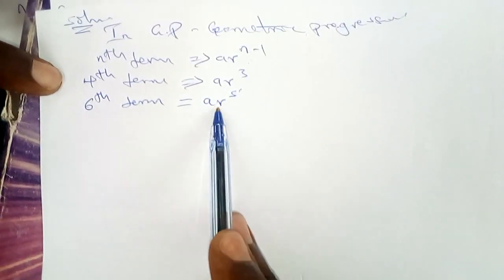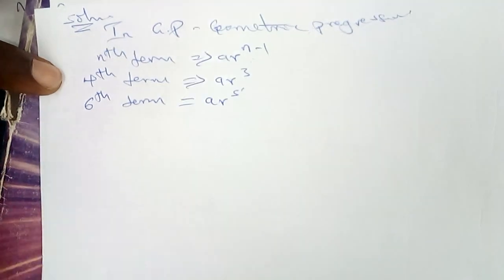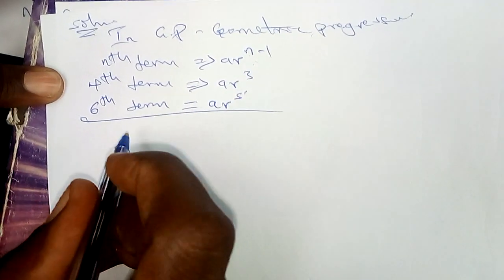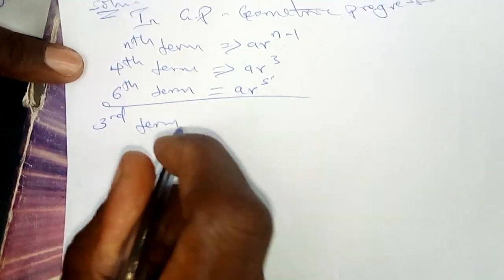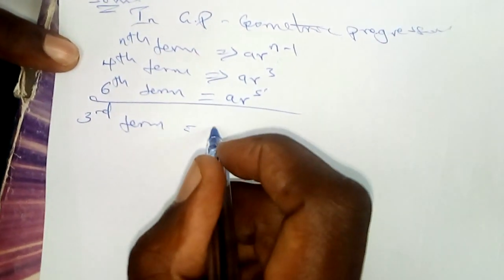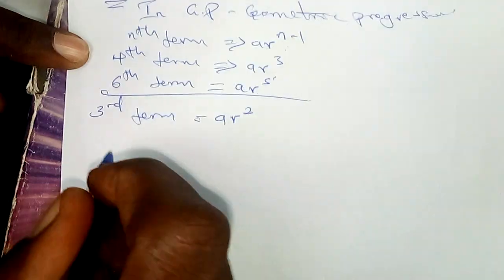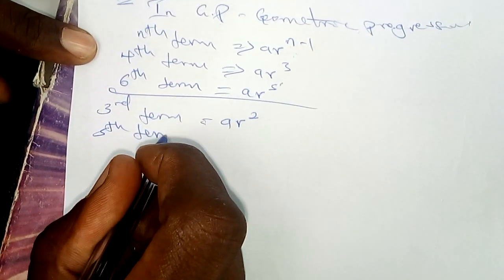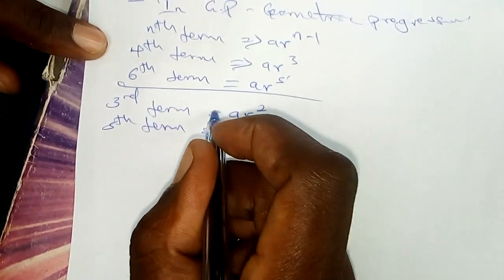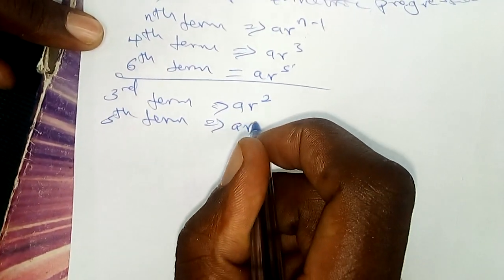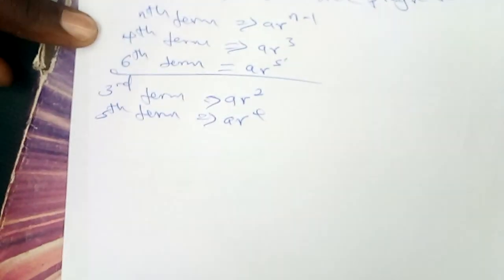Here n is 6, n minus 1 is 5. Secondly, the third term, from the formula, is A R raised to 2. Then the fifth term is equal to A R raised to 4.